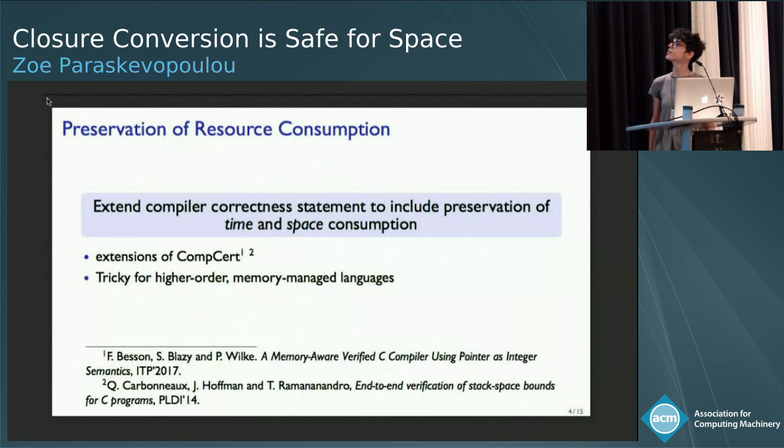Well, we can extend our compiler correctness statement to include preservation of time and space consumption. And the good news is that there are already extensions of CompCert that extend the theorem to memory preservation. However, this problem becomes much harder when we talk about higher-order memory-managed languages.